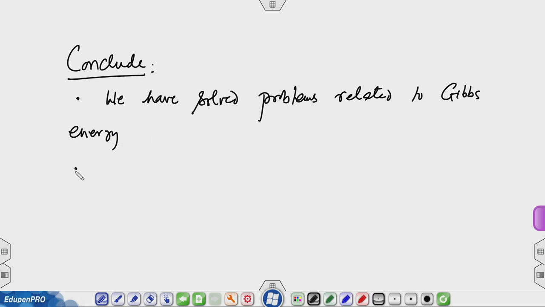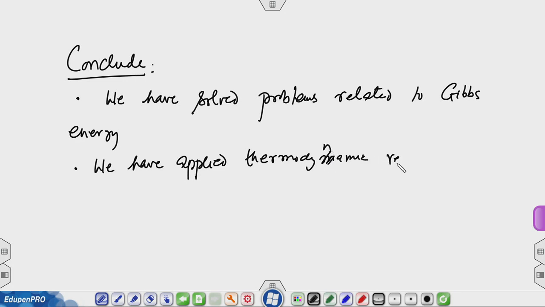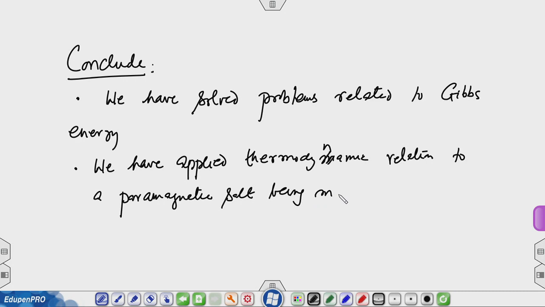Number 2, we have applied thermodynamic relations to a paramagnetic salt being magnetized.